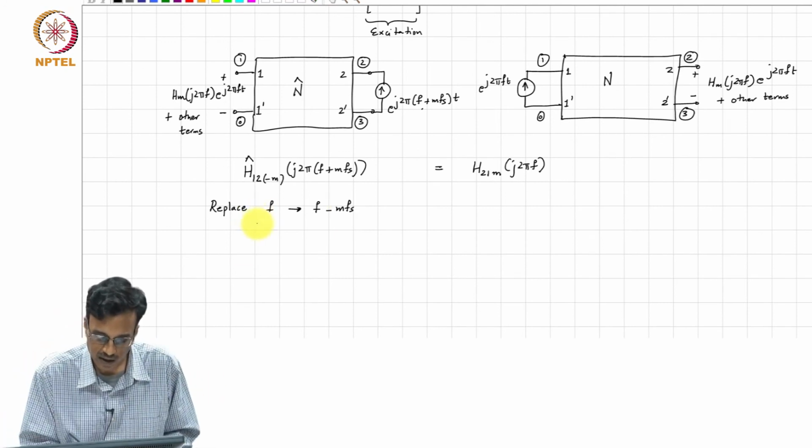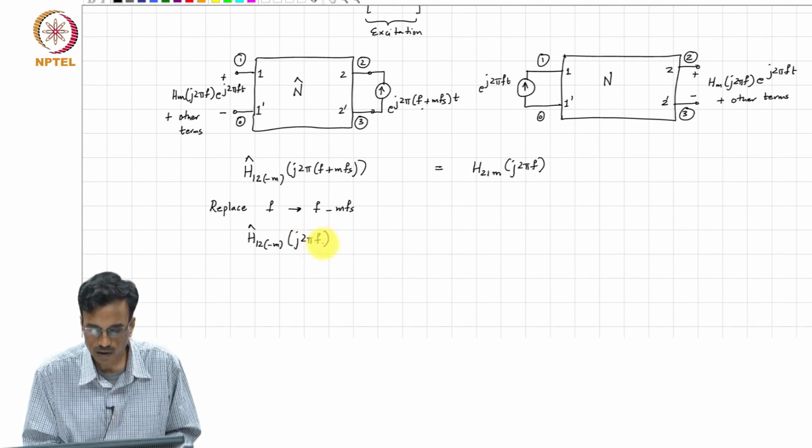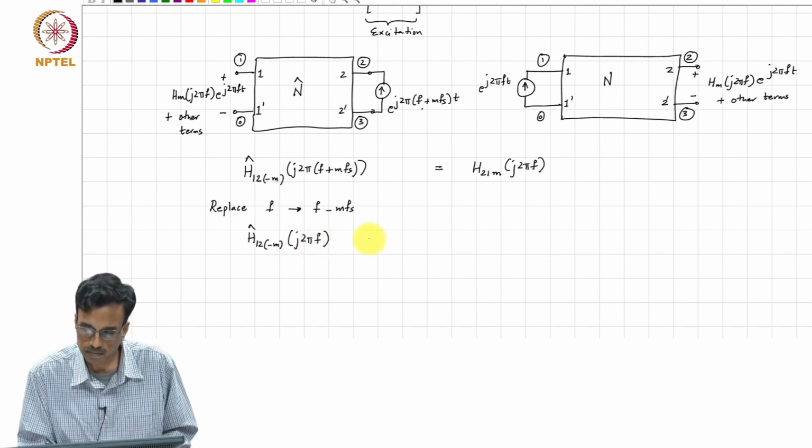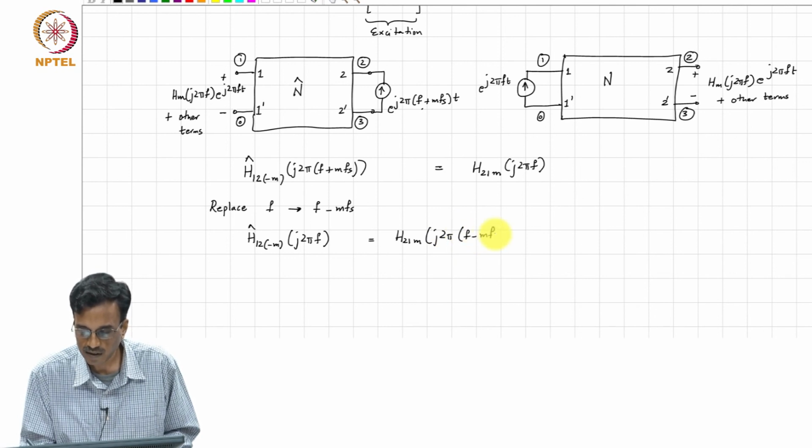Then h hat 12 minus m of j2 pi f must become h21 m of j2 pi f minus mfs.